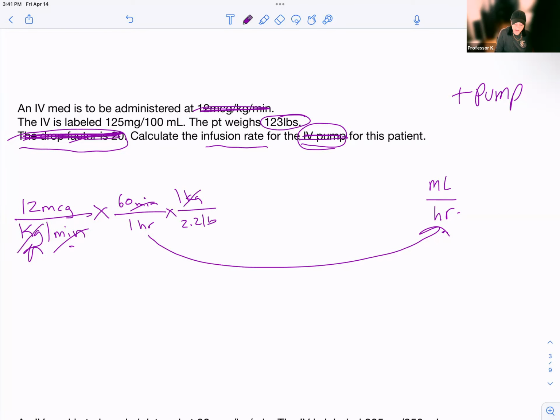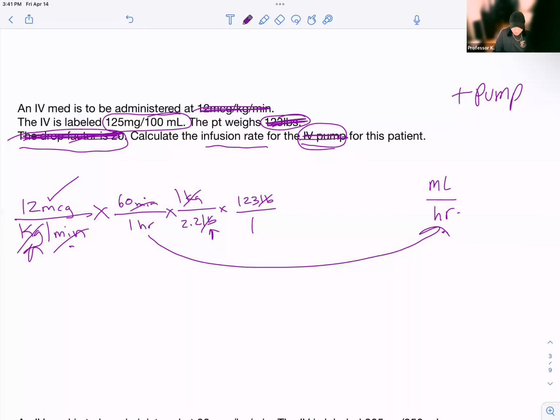Crosses off my kilograms. Well, now I got to get rid of pounds. Now I can use my patient's weight, 123 pounds. Put that over 1. So I've used that. And now I've gotten rid of pounds. Fantastic. But now I have micrograms and I need milliliters. The only thing left in my problem I haven't used is the concentration, but it's in milligrams.